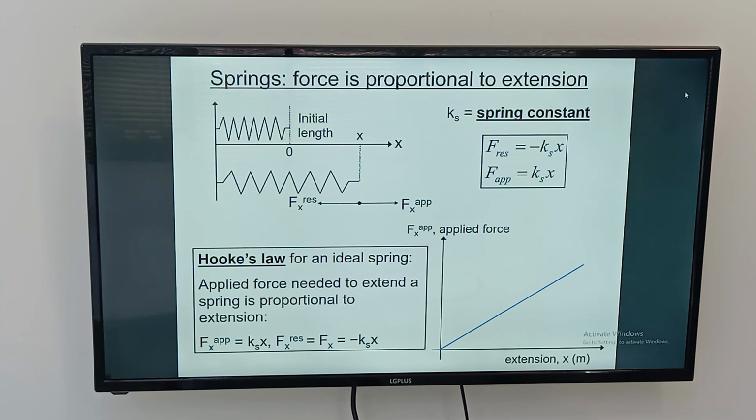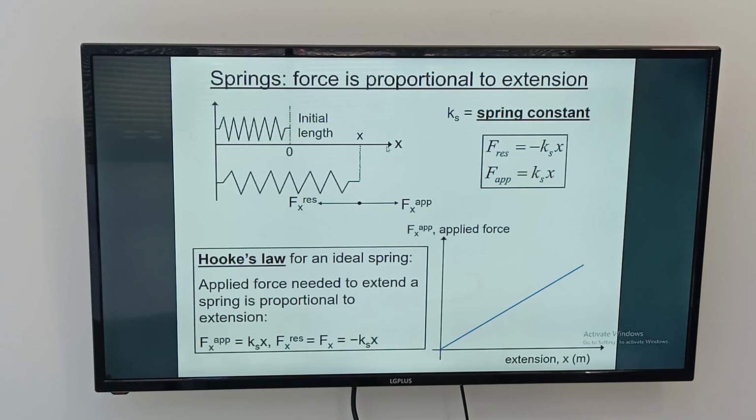Let's look at this diagram, okay? Let's imagine this is a plane surface and this here is a spring, in its rest position. So the initial length of this spring in the rest position is 0.